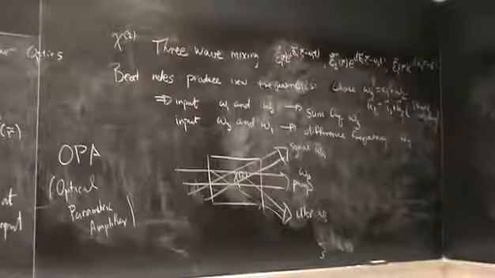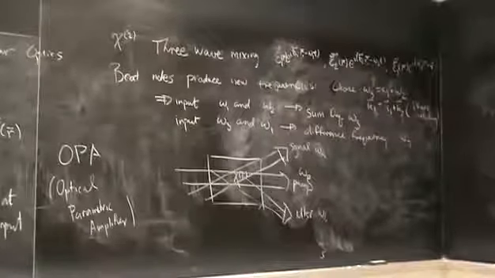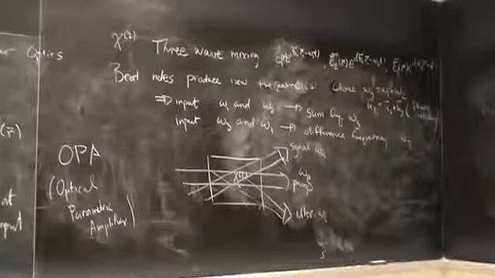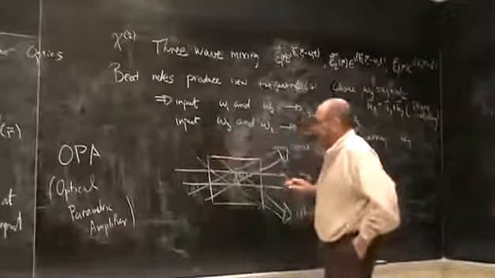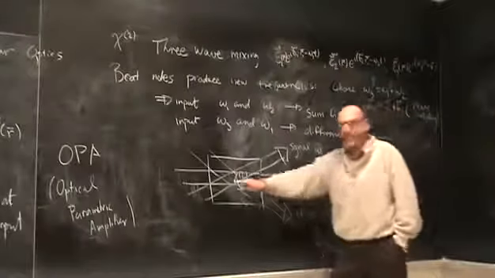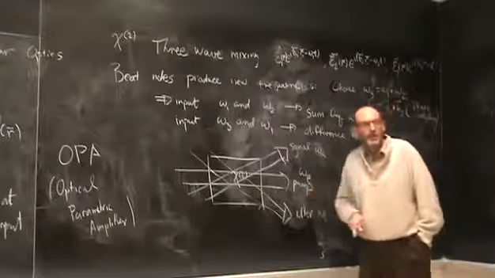Okay? And the choice whether you get a sum or difference depends on the angle in which you... No, so it depends what I input, right? So if I put in both of these, but not this, then I generate the sum. Okay?